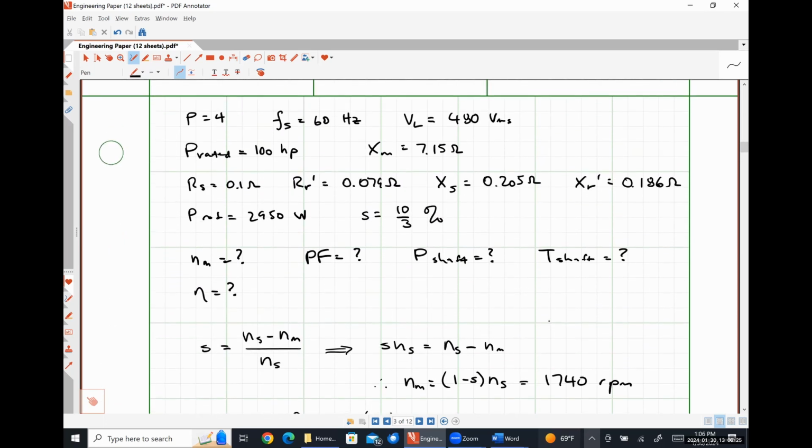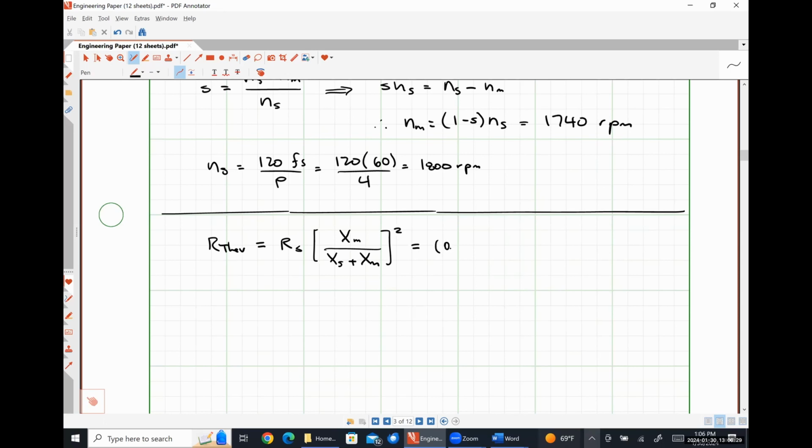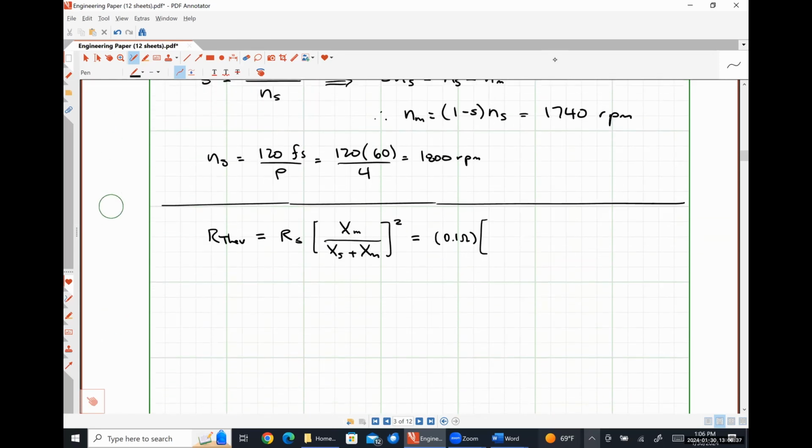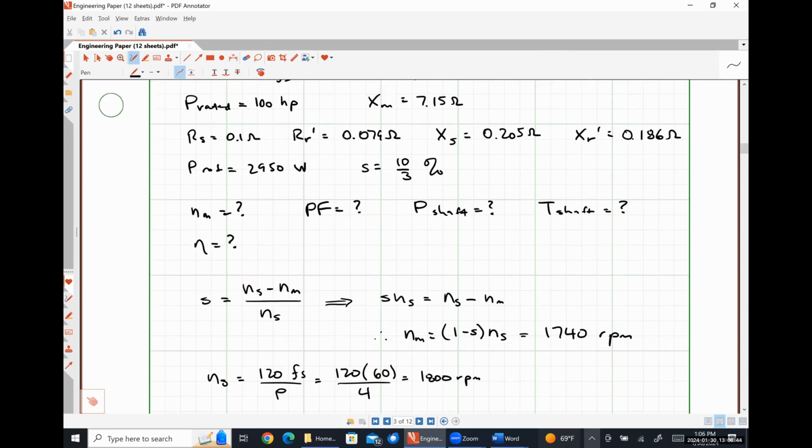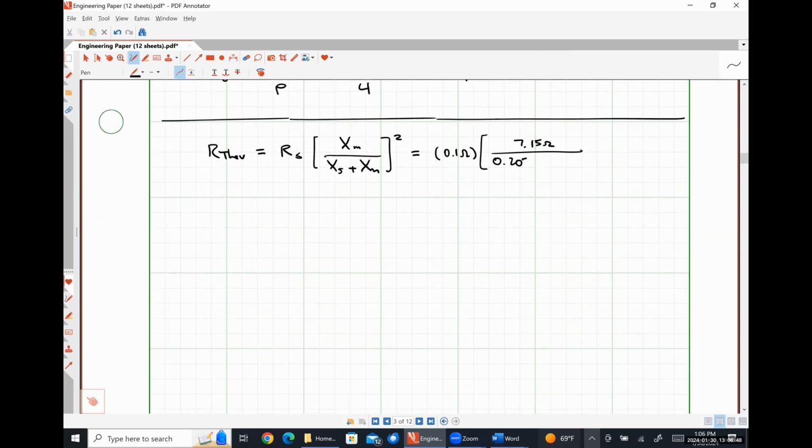So that looks like 0.1 times 7.15 divided by 0.205 plus 7.15 ohms, squared. That comes out to be 0.094 ohms.